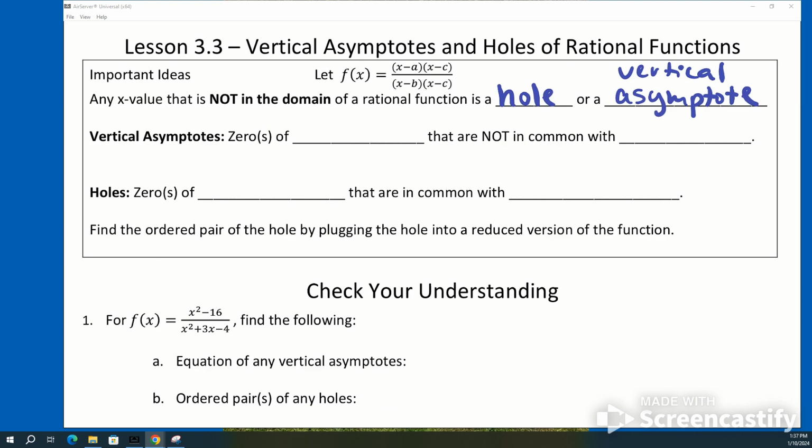All right, so a vertical asymptote is going to come from the zeros of the denominator that are not in common with the numerator. Or another way to say that is, in the denominator, outside the box.